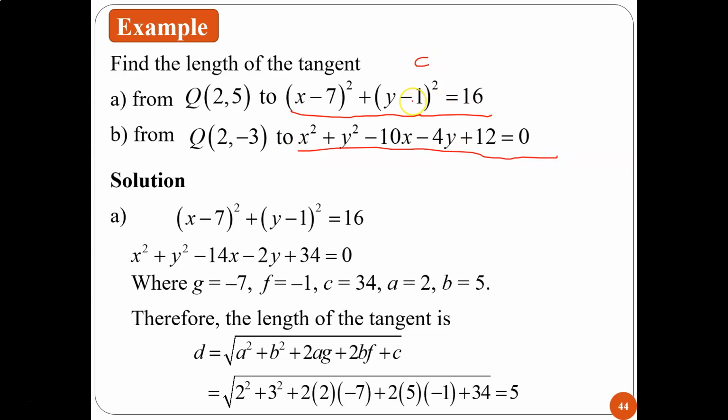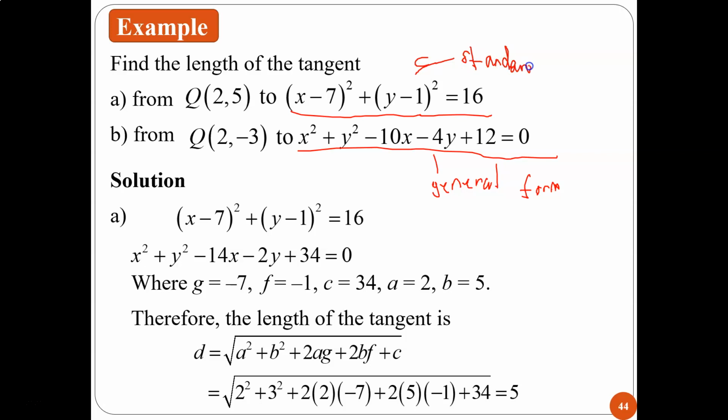Ni dalam bentuk apa ni? This one is in the form of standard form. This one in general form. This one in the form of standard form.